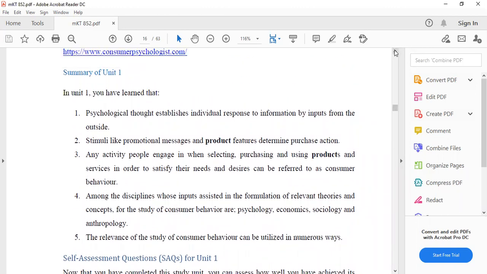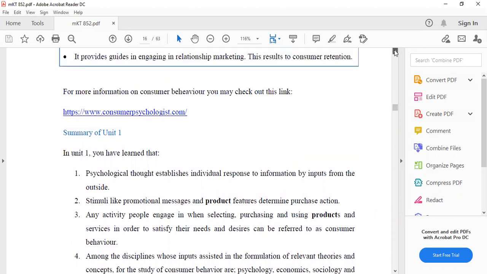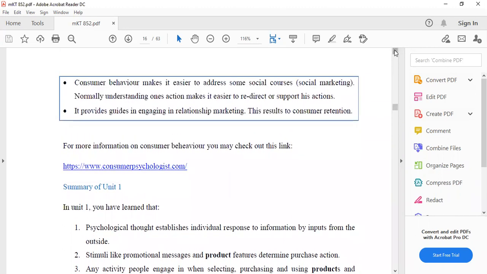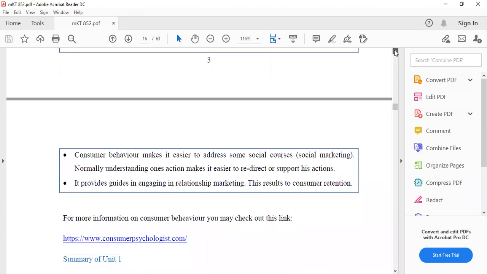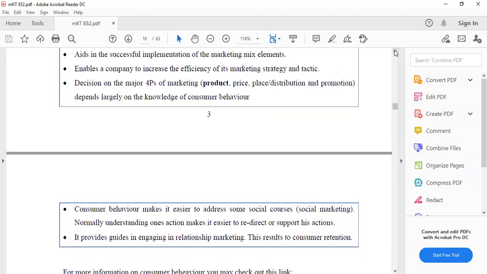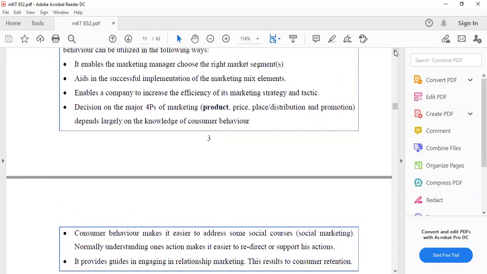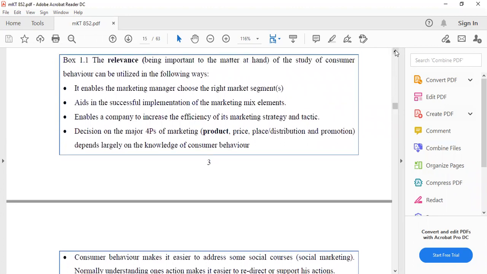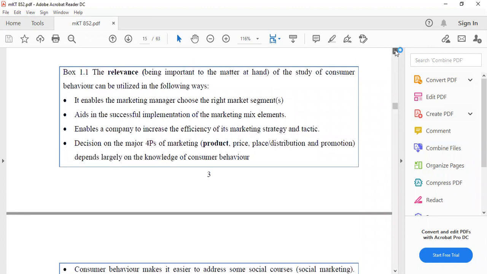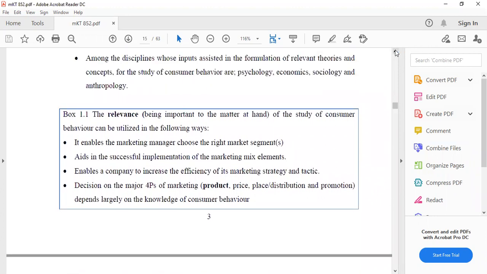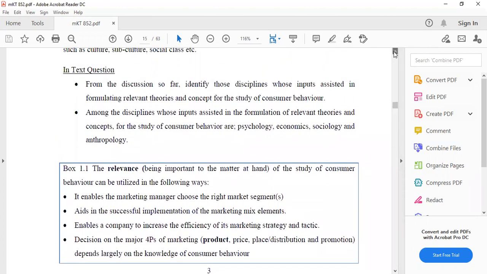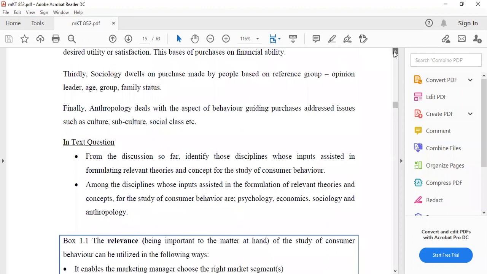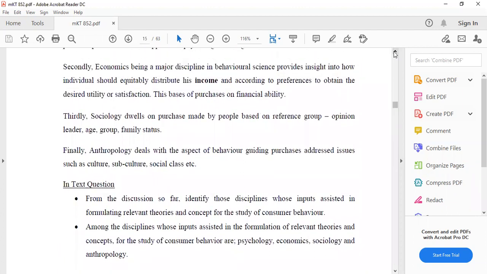We also look at economy as a discipline, to establish how it interfaces with consumer behavior.